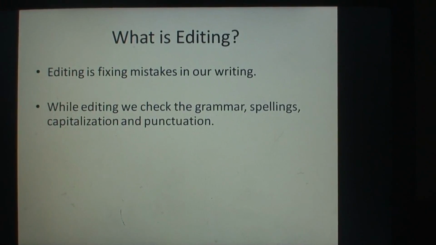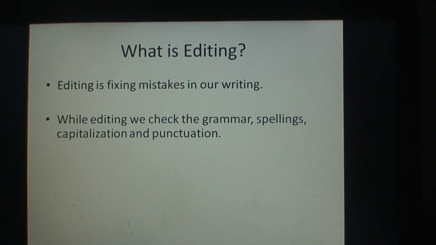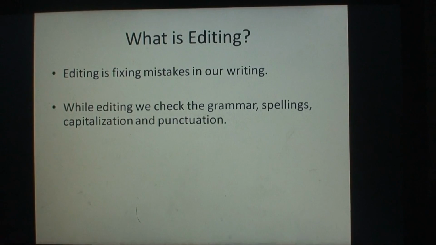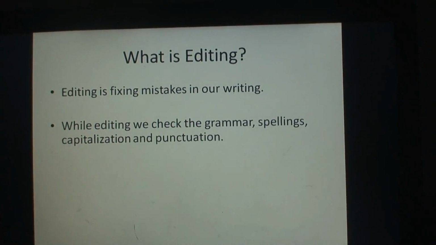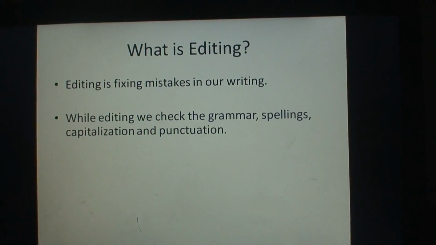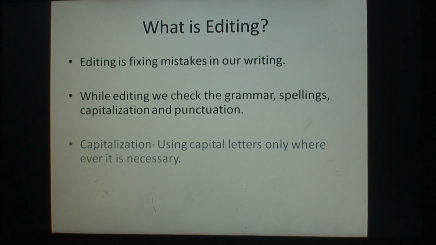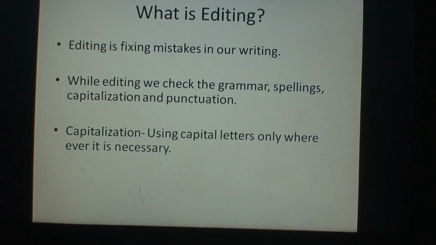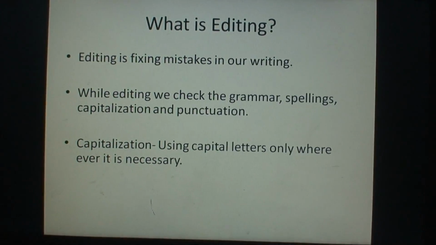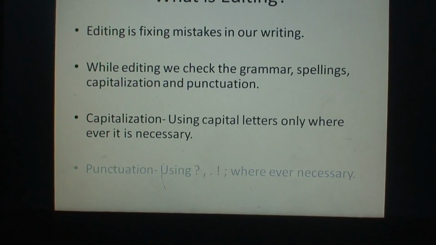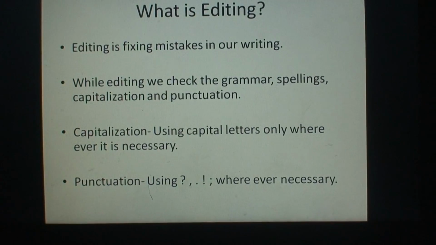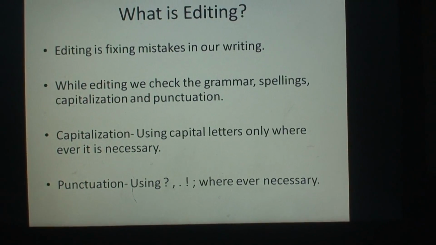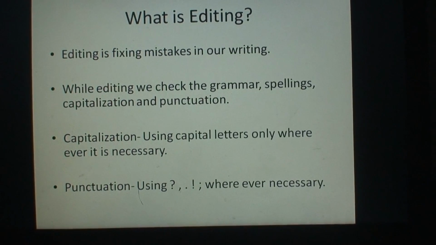Is it in the correct form of tenses? All these come under grammar. Spellings: is the spelling correct? Capitalization: using capital letters only wherever it is necessary. Punctuation: using question mark, comma, full stop, exclamation mark, semicolon wherever necessary.